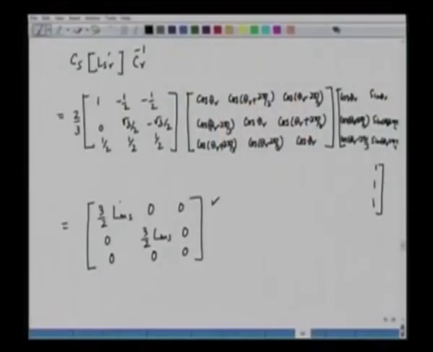So, this is the magnetizing inductance of the D axis, this is the magnetizing inductance of the Q axis, and this is corresponding to the zero sequence component. And since the zero sequence component does not produce any coupling, it does not have any magnetizing inductance, and that is corresponding to 0.